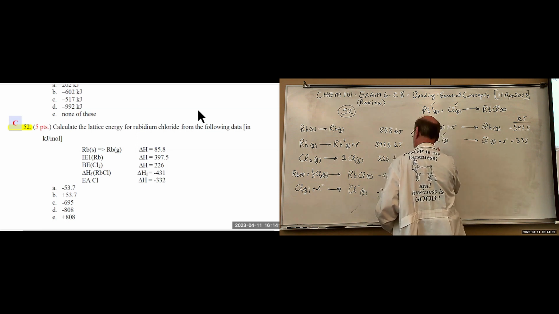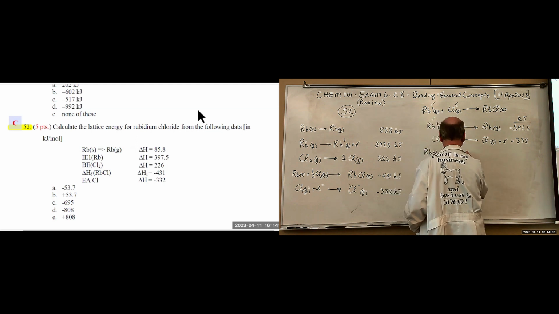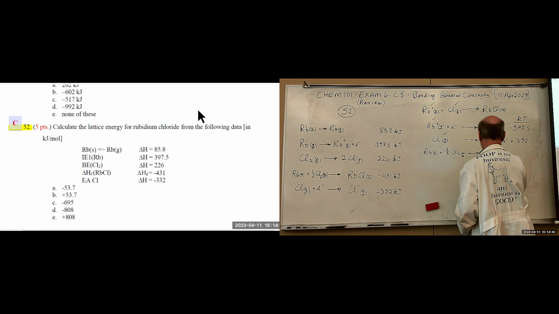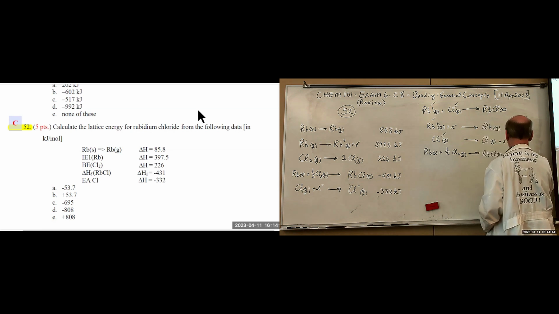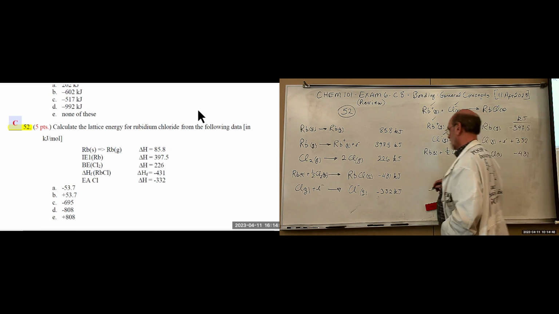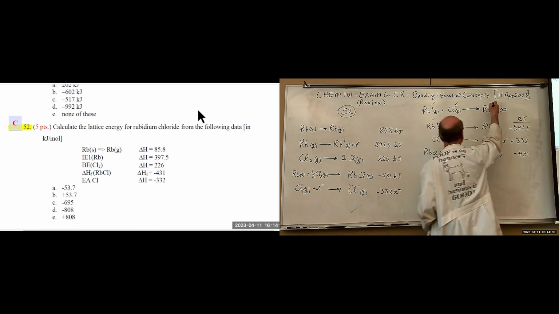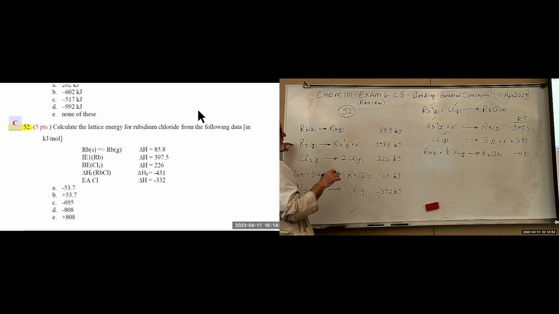So rubidium solid plus 1/2 chlorine gas yields rubidium chloride solid, and that's -431 kilojoules. Okay, takes care of that. And we've used this one.